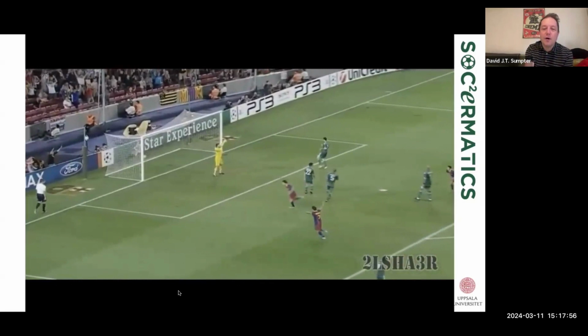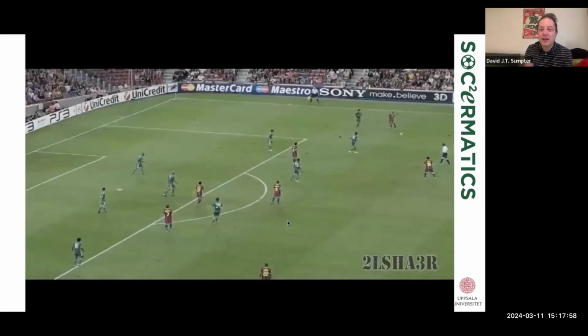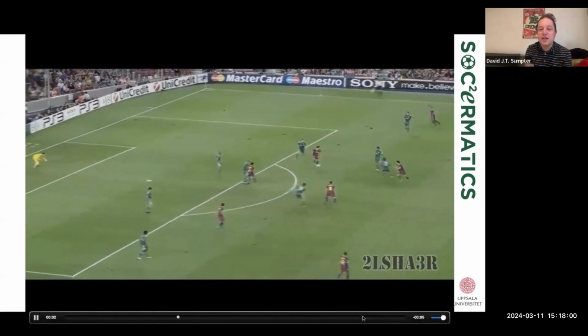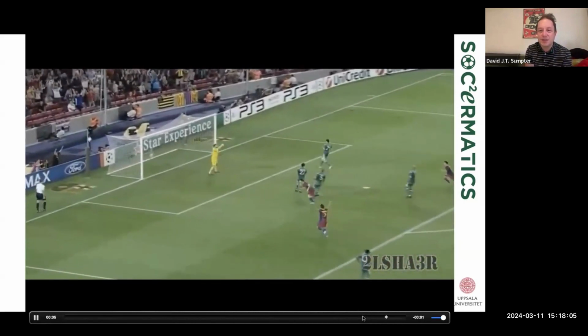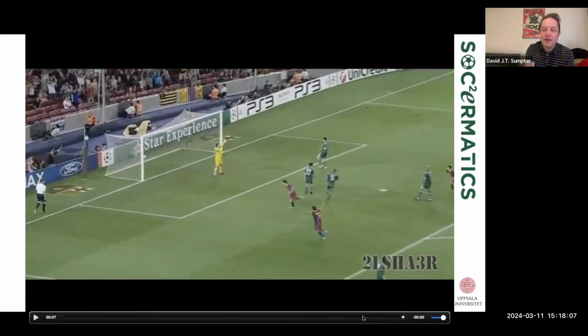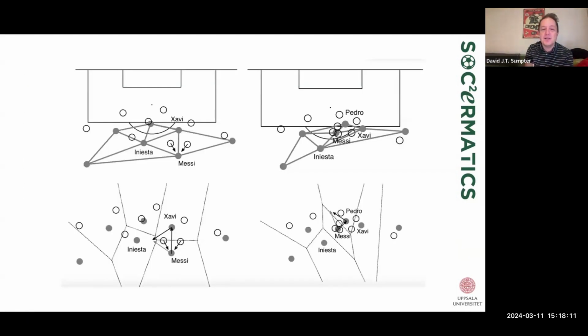What I want you to note here, thinking about collective behavior, is that it's not just him that scores the goal. If you notice, he receives two passes from his teammate. One of the first ideas I had about how we could think about this mathematically is using what we call a Voronoi diagram.